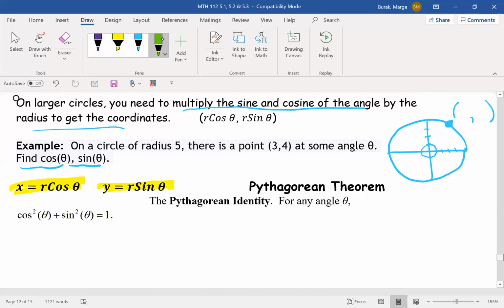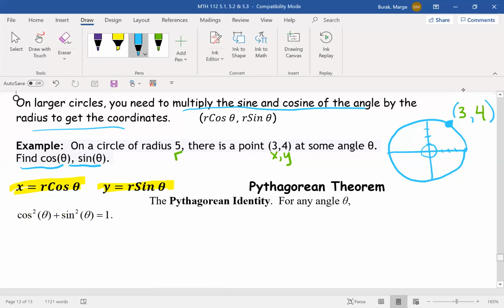So we know that (3, 4) is the actual point. So our x is 3 and our y is 4, and we know our radius is 5.